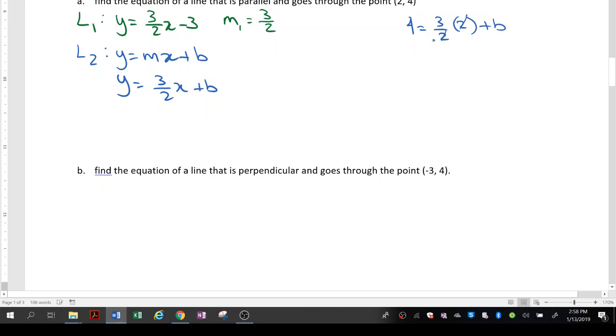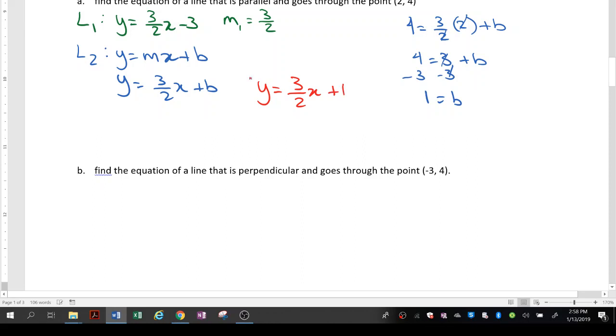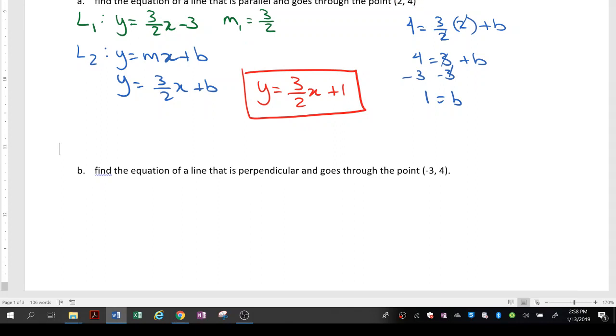And let's simplify, those cancel, so we have 4 is equal to 3 plus b, and let's subtract 3 from both sides, so that b is equal to 4 minus 3, or 1. So now the equation of our new line is y equal to 3 over 2x plus 1. And that's the equation of a line parallel that goes through the point 2, 4.